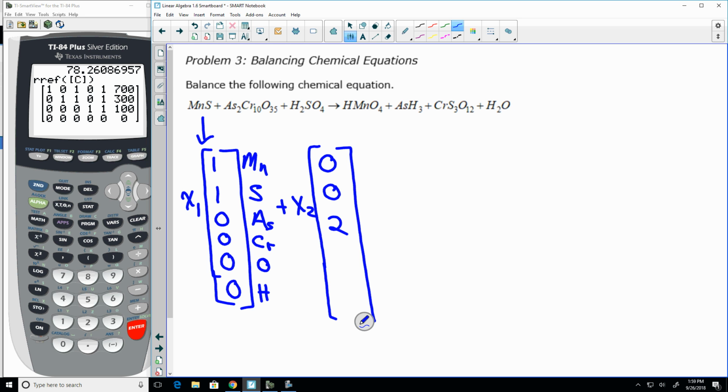It has 10 chromium, 35 oxygen, and 0 hydrogen. So that's that one. I'm running out of room quick.